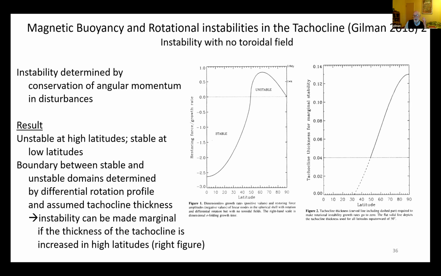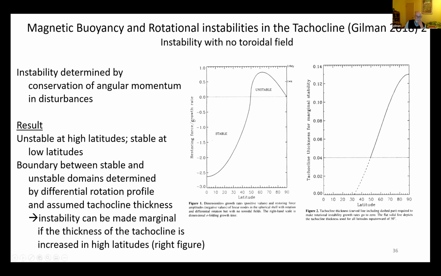And that plot on the right is actually what the thickness would be for marginal instability. And you can see starting from 0.04, but when you get to the pole, it's 0.14. In other words, it's 14% of the radius. So this hint from observations that the tachocline is prolate and is thicker in high latitudes, I think has some theoretical support for it.